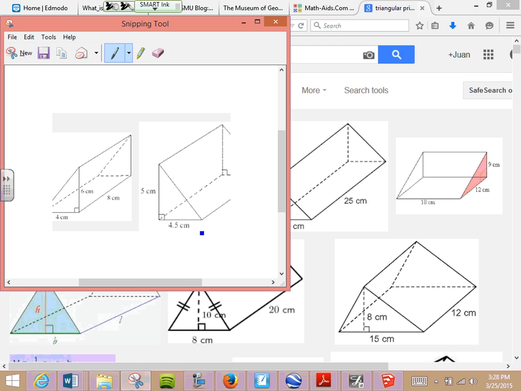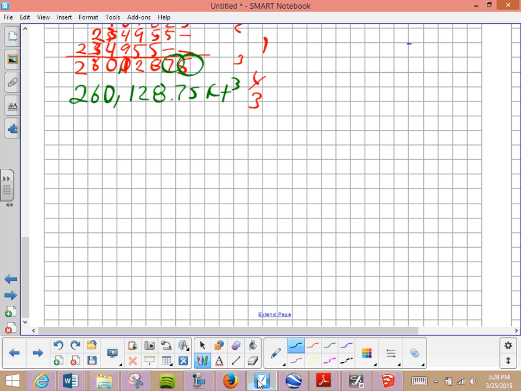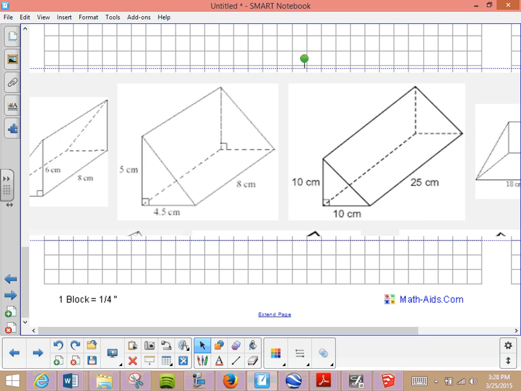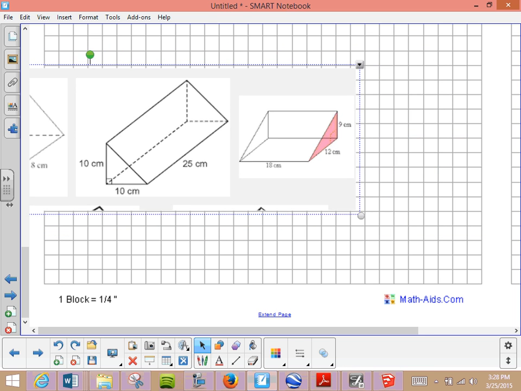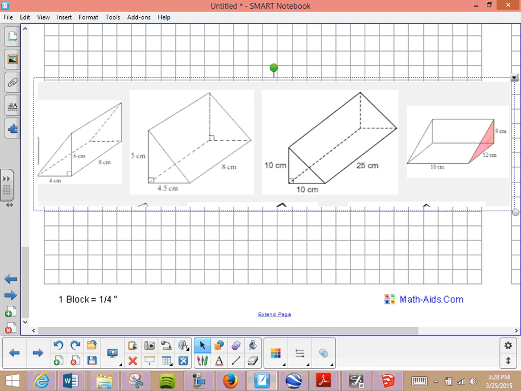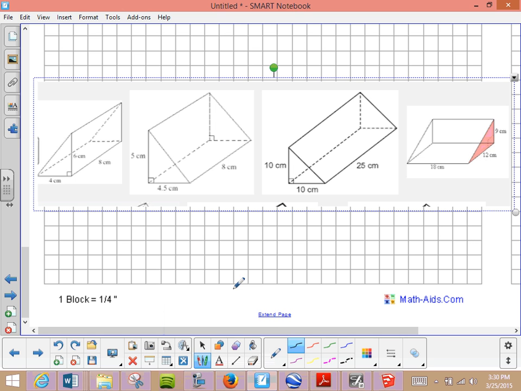There you go. 1, 3, and 4 only. All right, so for this one, volume equals area of the base times the height, right?